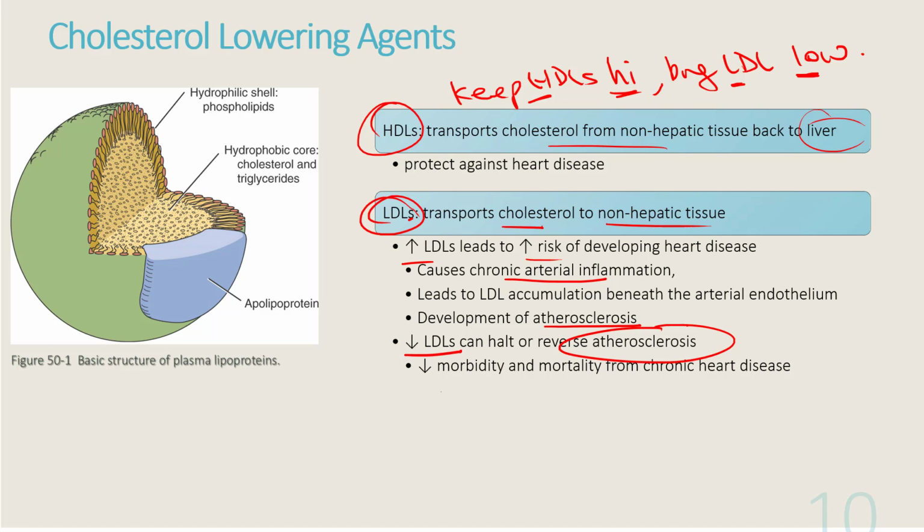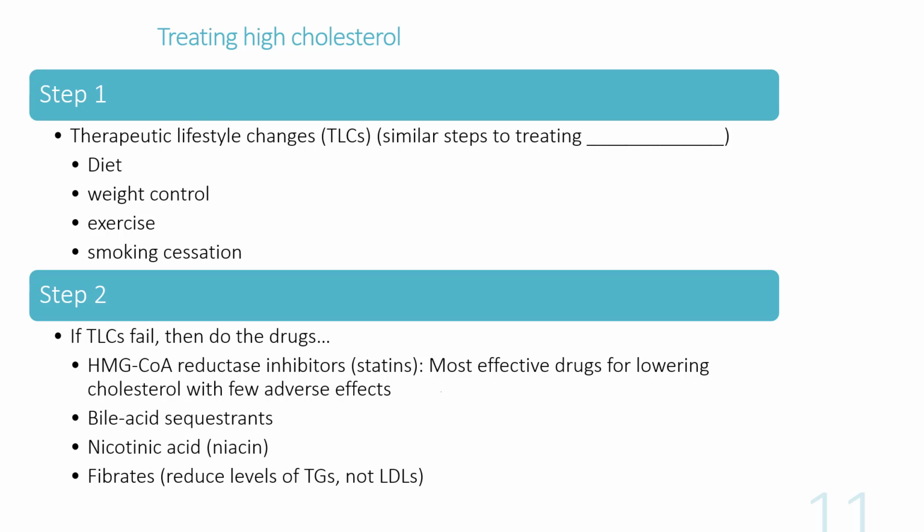So there are a couple of different steps to lower cholesterol levels. The first one, Step 1, is called TLC, for therapeutic lifestyle changes, and it's very similar to the steps used in treating high blood pressure, right? And so it's managing diet, weight control, exercising, and stopping smoking.